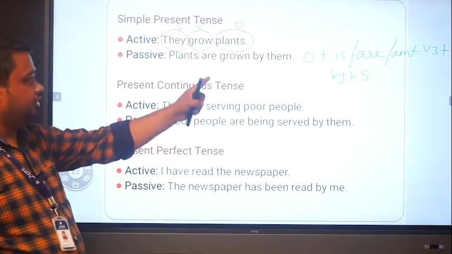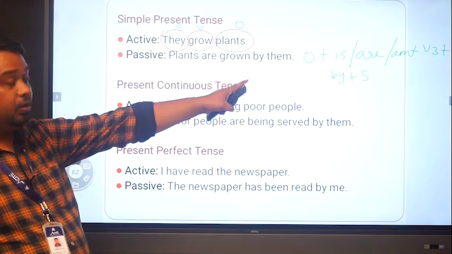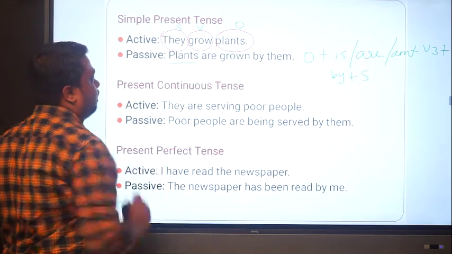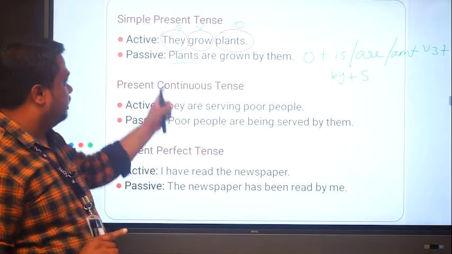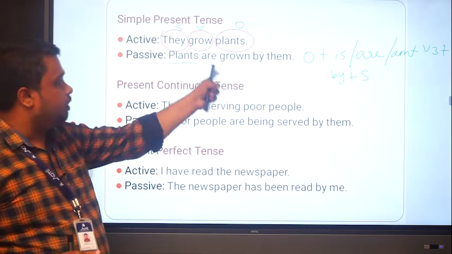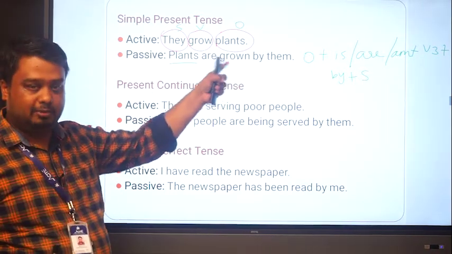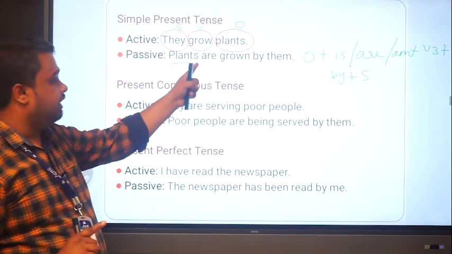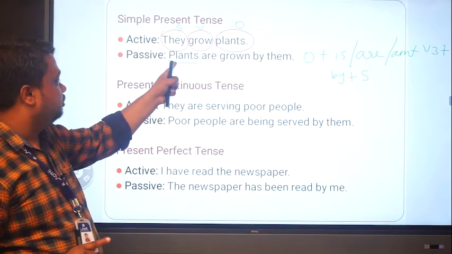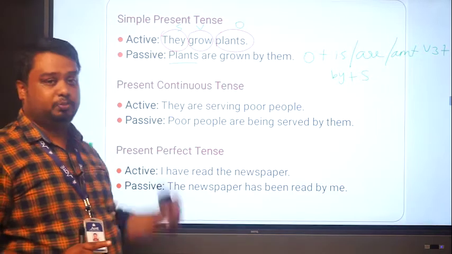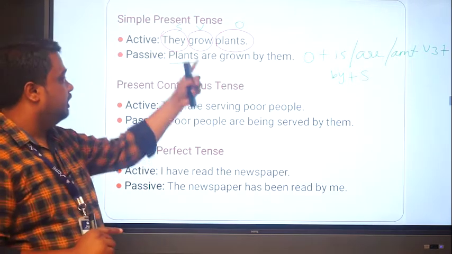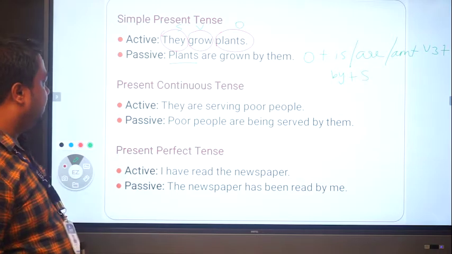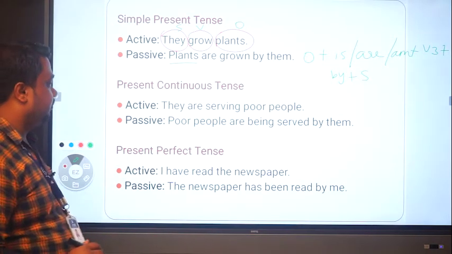Object becomes subject plus is or are or am. Here it is are because it's plural. If it is only one plant, plant is grown by them. Remember, here we have used are because the object is plural, so we have used the plural form of it. Got it right?